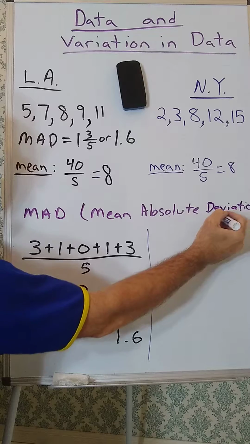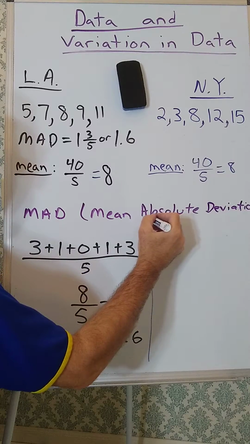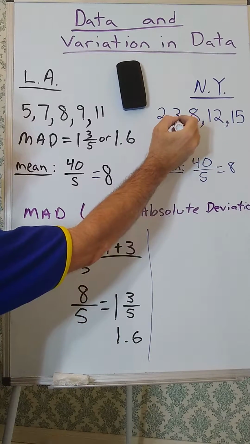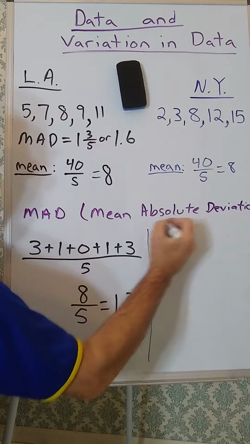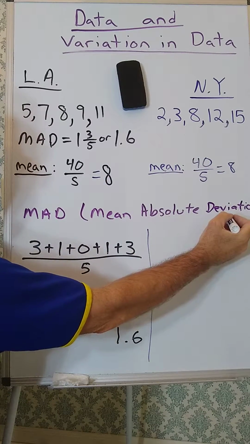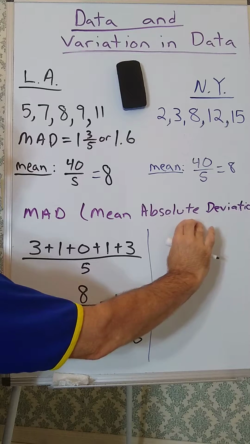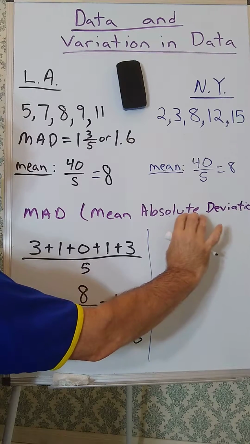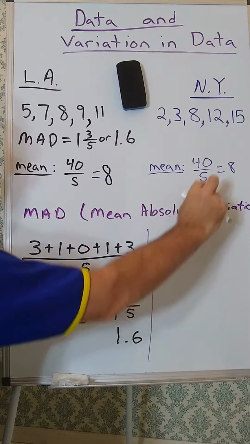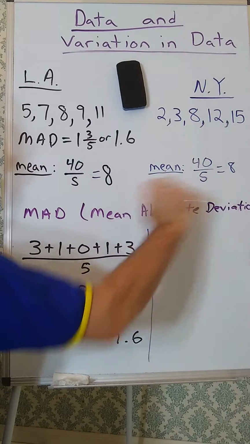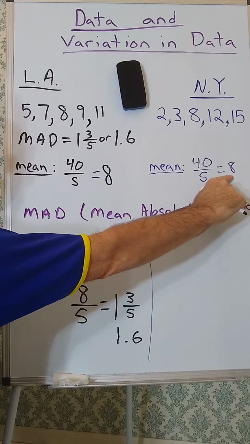That's its deviation from the mean, and it doesn't matter if we're less than 8 or greater than 8. So that's the idea of the absolute deviation. We're not considering positive or negative values. We're considering the distance each of these values is from the mean, which is 8.